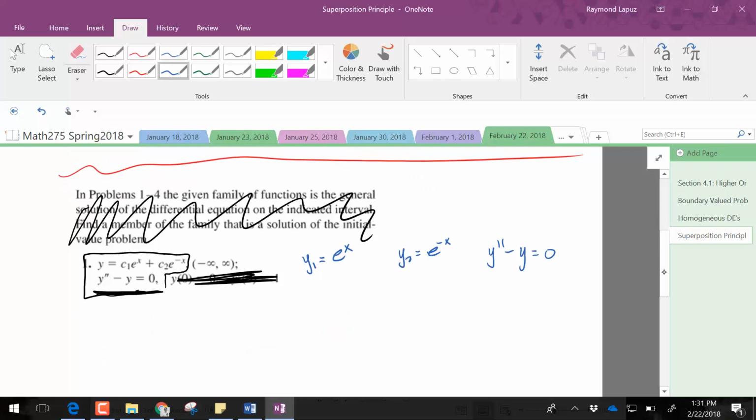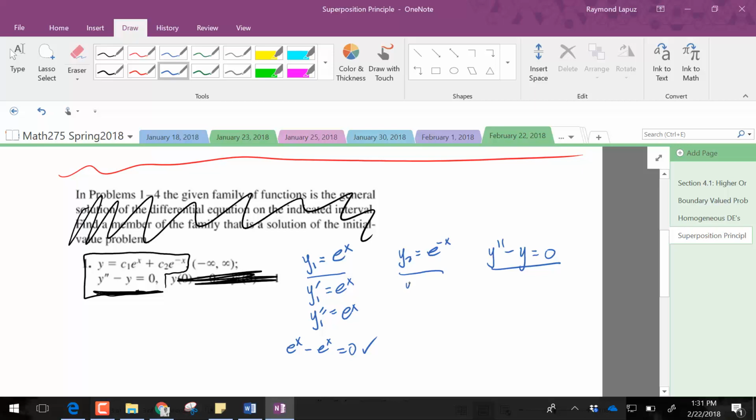Right? So based on this example, let's check to make sure that these are actually solutions to the differential equation. Let's see. I need the derivative of this and the second derivative of this. So if I put that into here, I have e to the x minus e to the x is equal to 0. So that works, right?